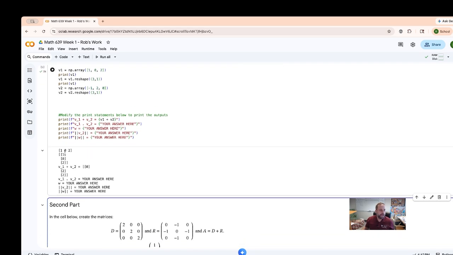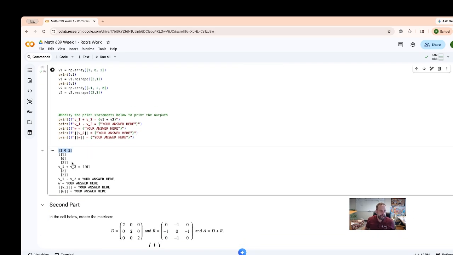This is a matrix, and the notation in Python is that outer brackets are the boundaries of the matrix, and each individual bracket is a row. So the first row is 1, the second row is 0, the third row is 2.